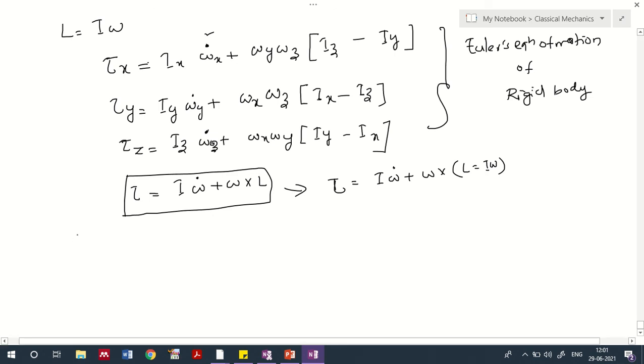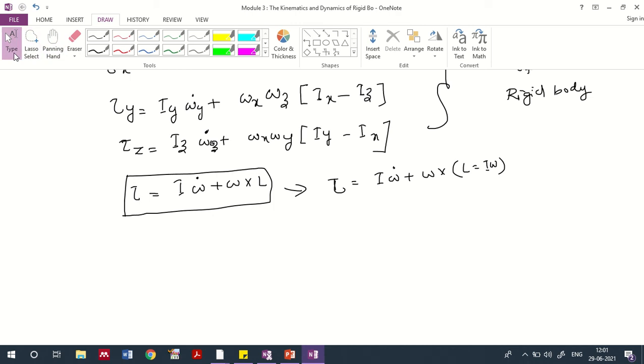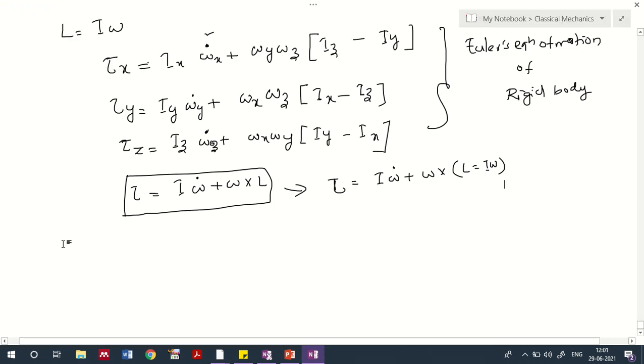Force free, or rather since it's a rotational one, we can say torque free motion of a rigid body.